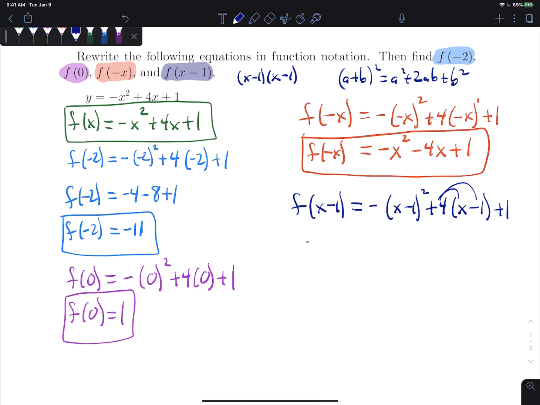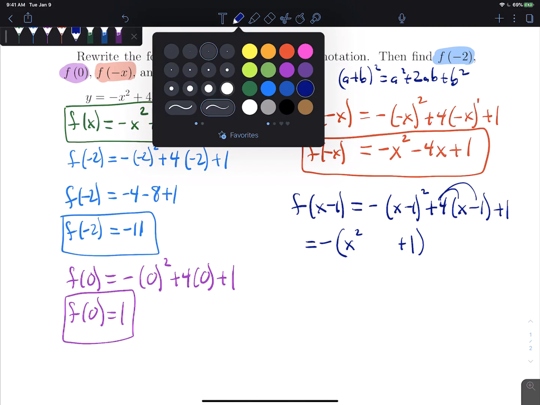And then simplify. So we still have the negative out front, and then in this big parentheses, I'm going to go ahead and put what x minus 1 all squared is. So I square the first one, so square the x gives us x squared, leave some space, and then plus square the 1 gives us 1.